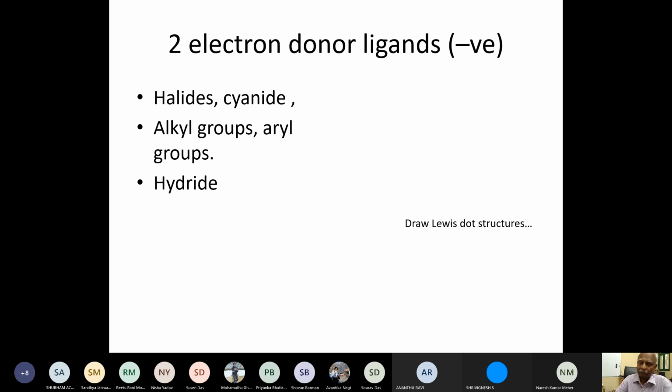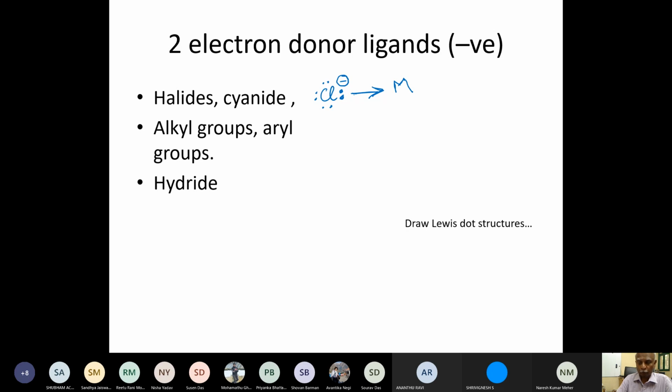Whereas we have in our repository several ligands like halides. Halides are usually taken as negatively charged ligands, and they have a total of 8 valence electrons, but when they approach a metal, it is only this one pair of electrons that is donated to the metal. We assume that it is a 2-electron donor.